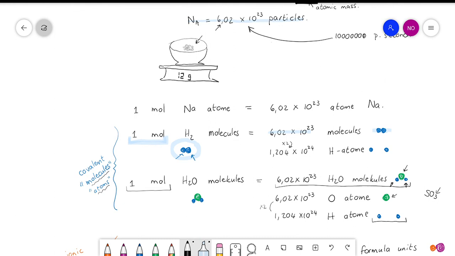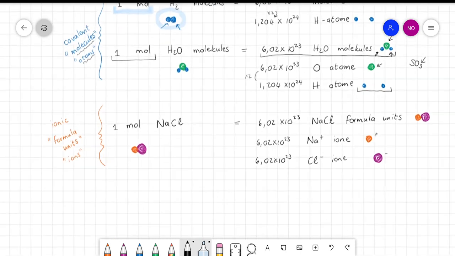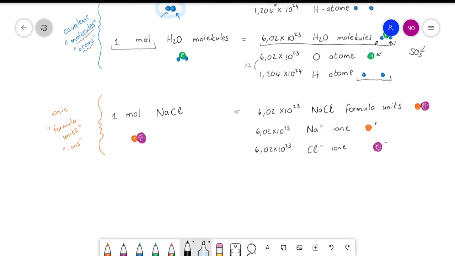Maar as ons nou aangaan en ons werk met ioniese bindings, soos natriumkloried. Onthou ons het mos nou gesê ioniese bindings is wanneer dit tussen 'n nie-metaal en 'n metaal voorkom. Okay, then we still think in the same way, but we call it something else. So 1 mole of sodium chloride gives me Avogadro's number of those, but we call them formula units now.